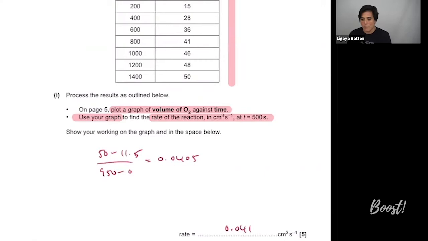So whatever you write there is fine, as long as it's not ridiculous numbers of significant figures. And as long as your answer is between 0.037 and 0.047, you would have got the mark for that. Everyone's going to draw the tangent slightly differently, so they do give you an allowance for a slight range there.